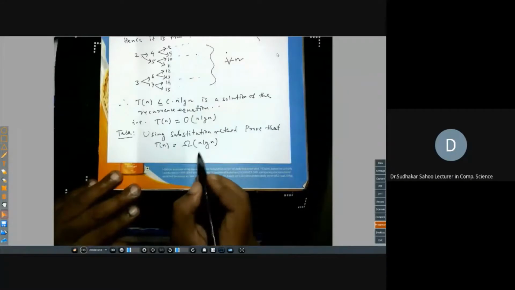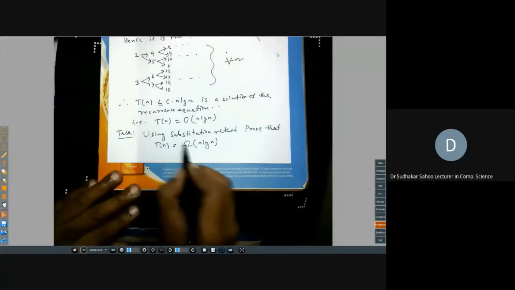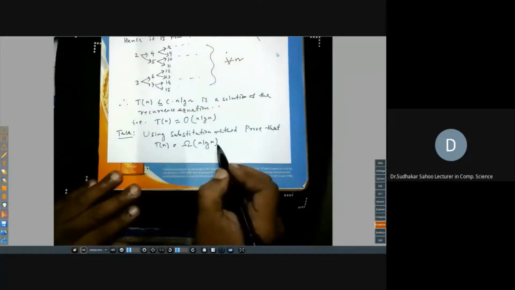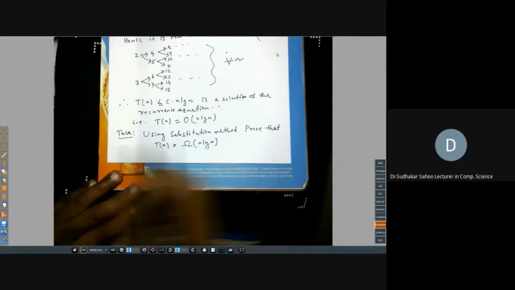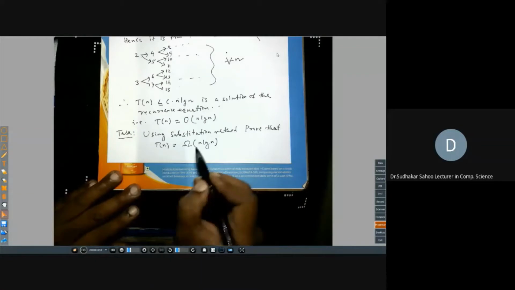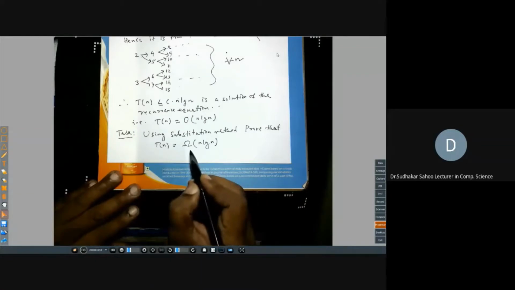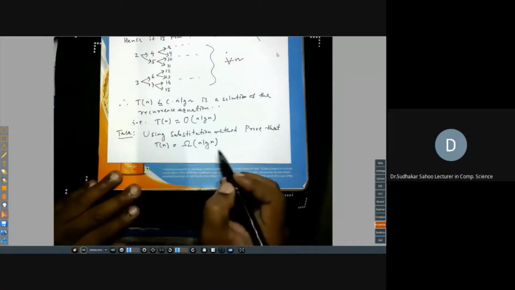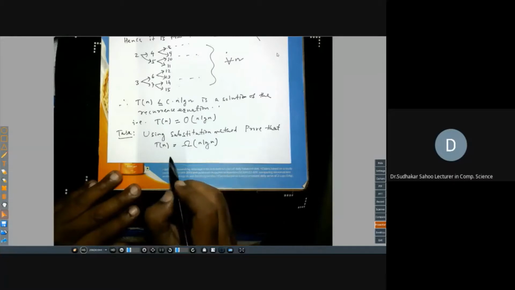Right? You try to prove this. That is, Tn greater than or equal to C into n log n. You guess and find using the way we have proved using induction. Find those C and the base cases. So this you can try.